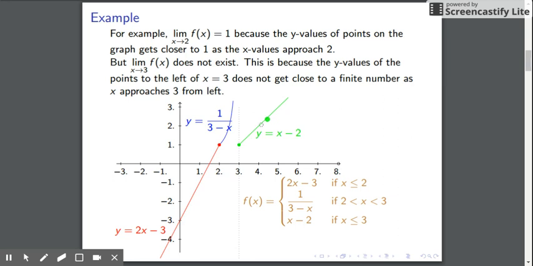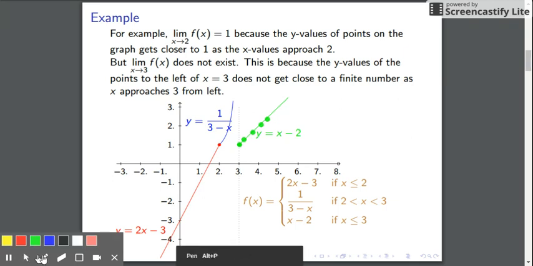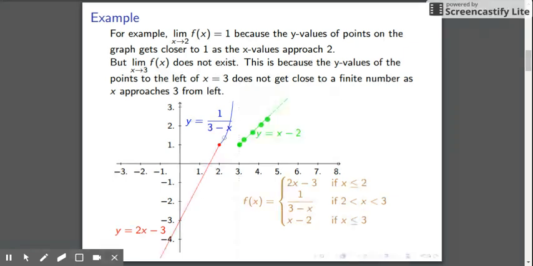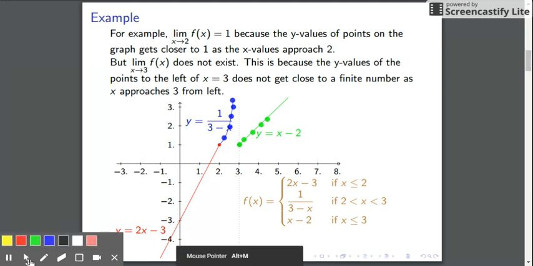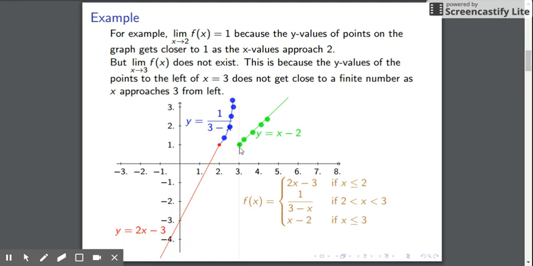The path that comes from the right side of 3 is approaching this value 1. But the path that comes from the left side of 3 is just going to infinity, like that. So not from both sides, as we're approaching 3, are we getting the same number. And that means that we don't have a limit.